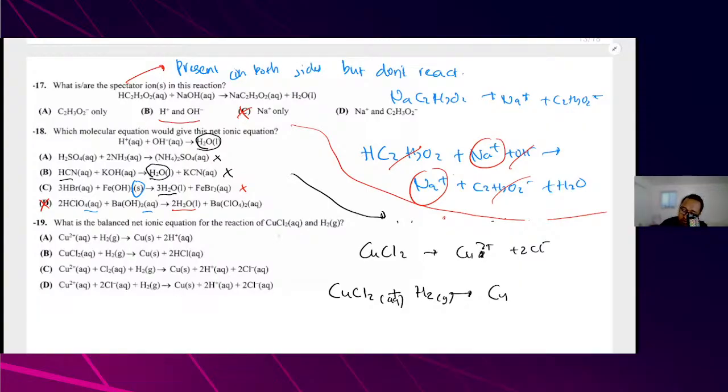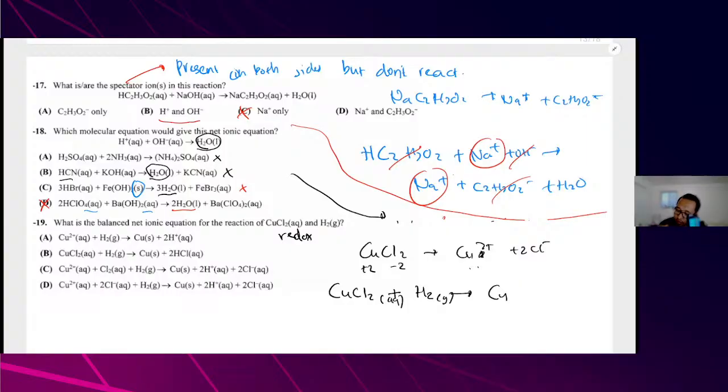I'm pretty sure this one is a redox reaction, because we have different phases over here, right? So Cu2+ is plus 2, and this is minus 2.